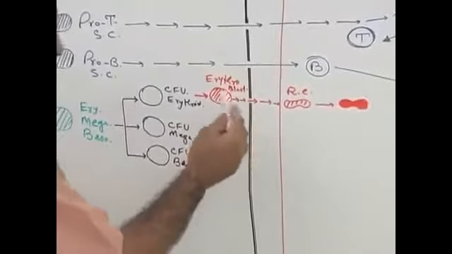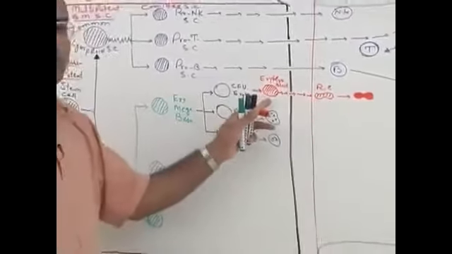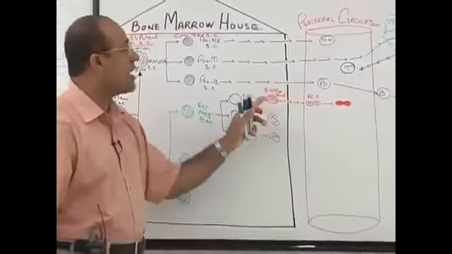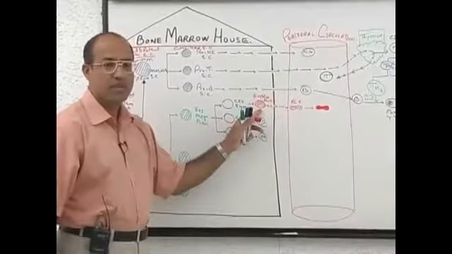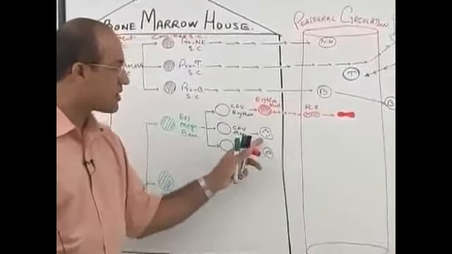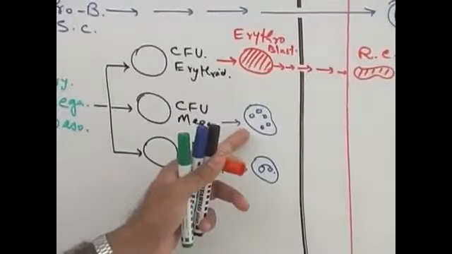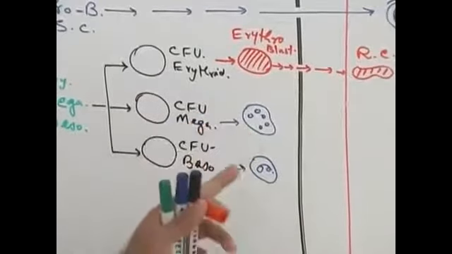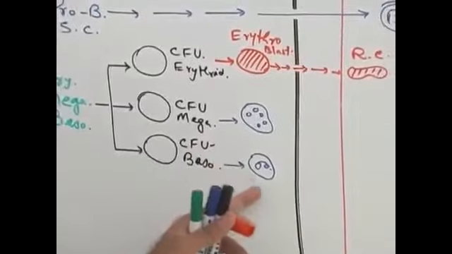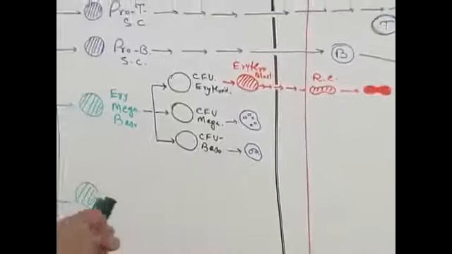Erythroblast is the first morphologically recognizable precursor cell for erythropoiesis. This is the morphologically recognizable precursor cell for megakaryopoiesis or platelets, and this is the morphologically recognizable precursor cell for the basophils.